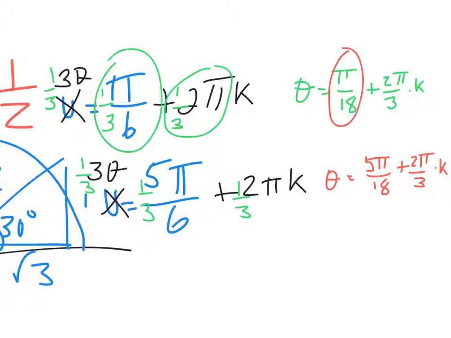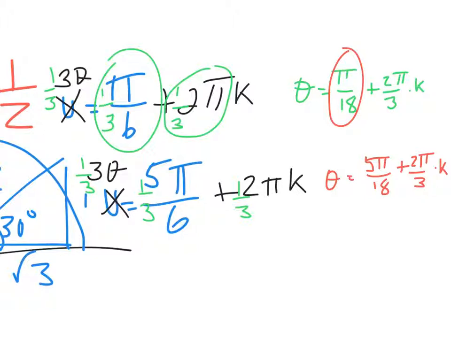So that's one answer. Why? Because when you put in k equals 0, this part cancels out, and the answer is just pi over 18. Then k is our counter.